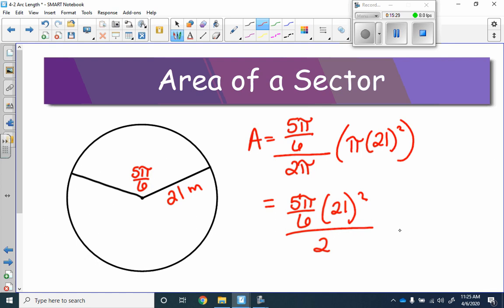So my approximated version here is 577.27 meters squared. I realize that I put in pi here. If I want to find the exacts, 5/6 times 21 squared, divide that by 2, my exact value would be 735/4 pi meters squared.